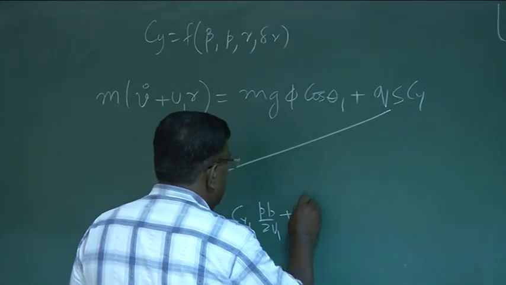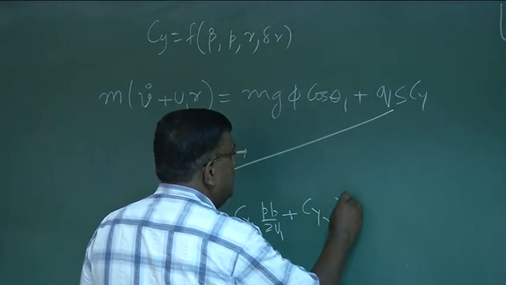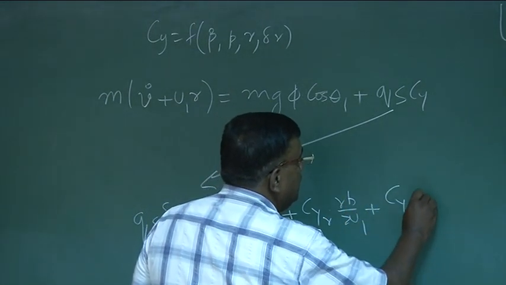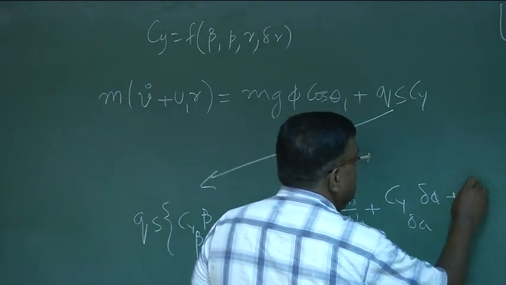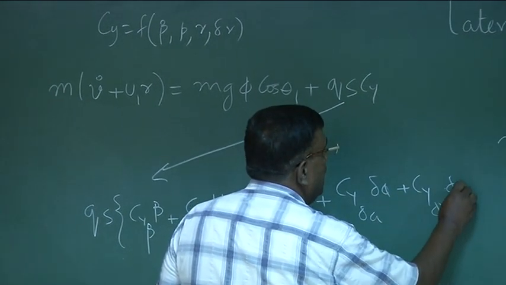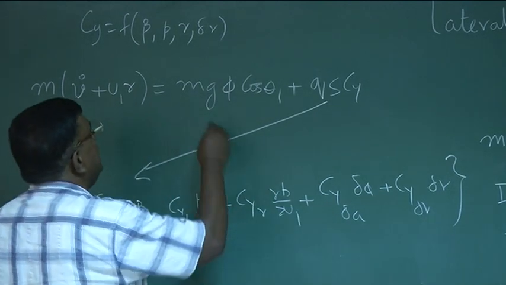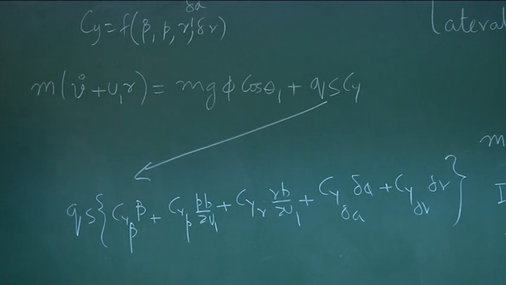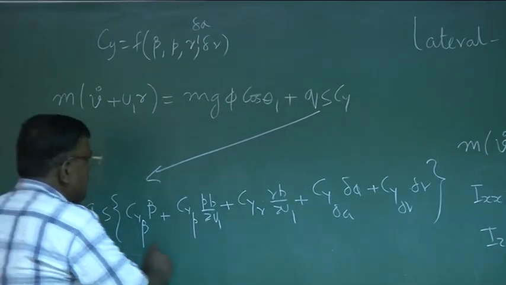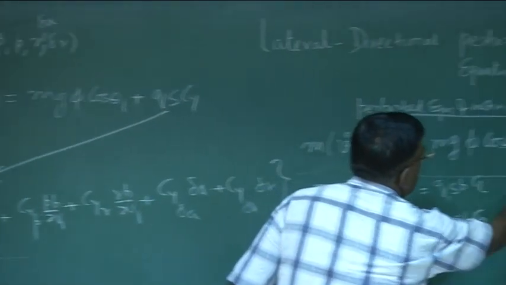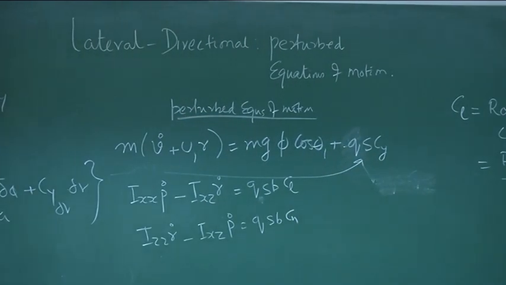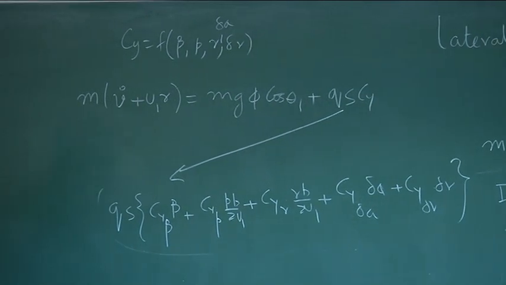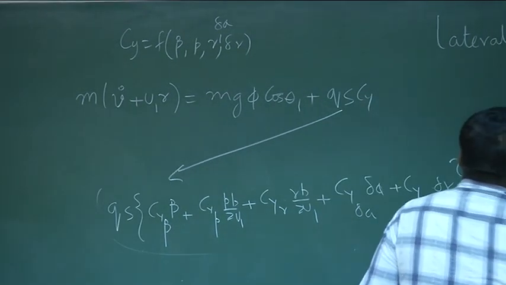For every rate, I write like this: Cy r into Rb by 2u1 plus Cy delta A into delta A plus Cy delta R into delta R. Although we neglect this many times, for completion let me write delta A also. Now, if I divide every side by m, then I can get a neat equation of the form which you will like.